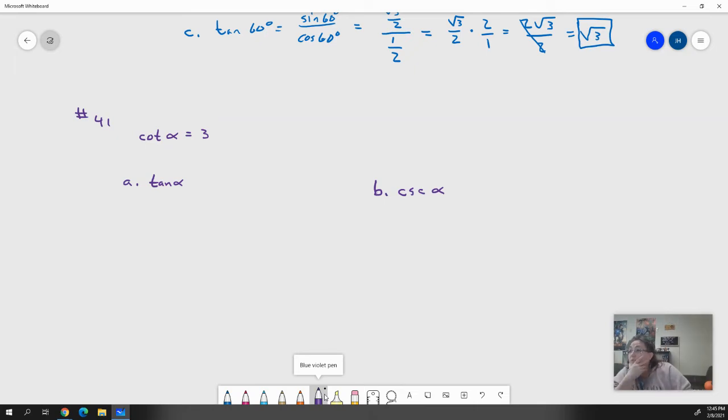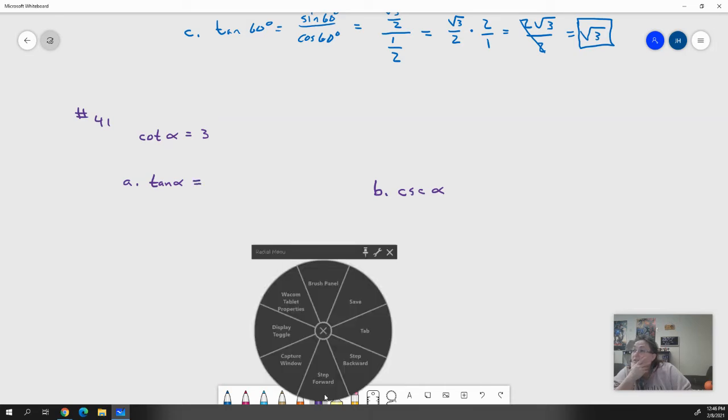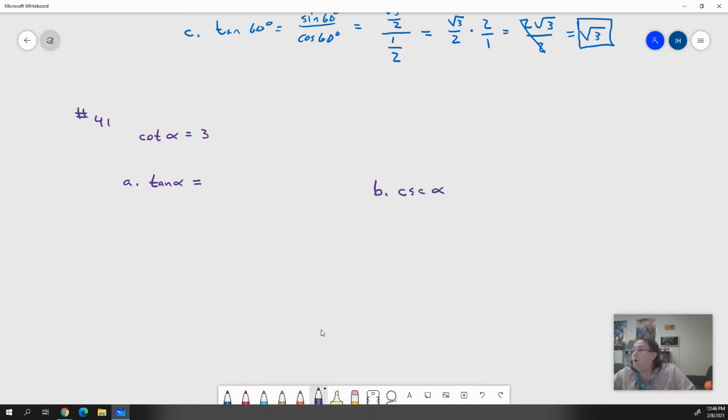But what we know from our identities is that tangent equals 1 over the cotangent. And what we know that to be is 3.